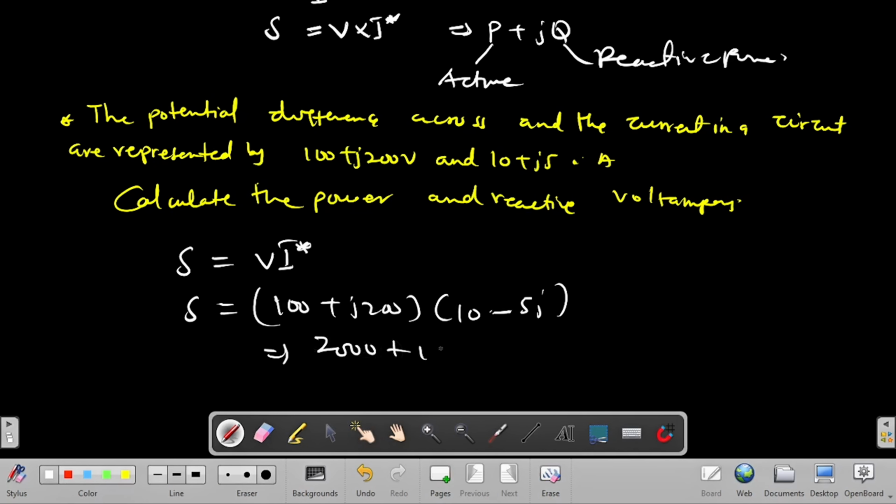So this is it. As you know, 2000 represents our active power, and 1500 is our reactive volt amperes.